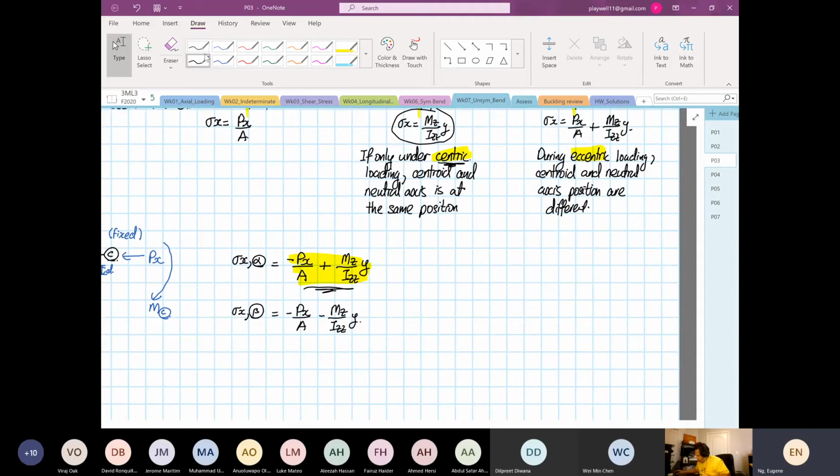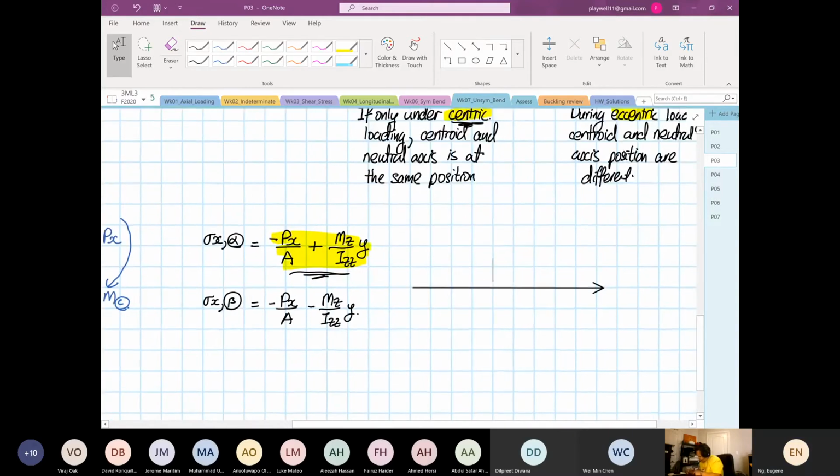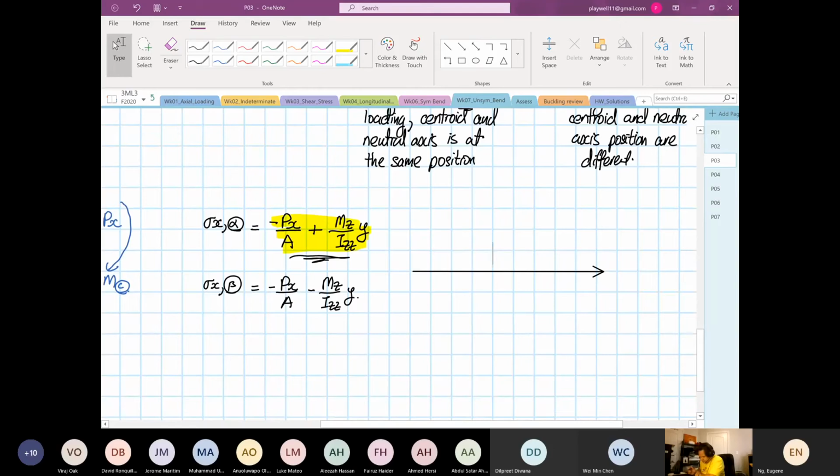So now, if I'm going to sketch this, this is our stress X, and this is our Y. Okay, I'm going to do two things for you guys.